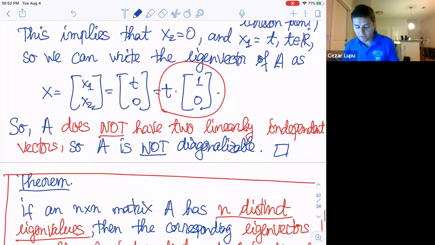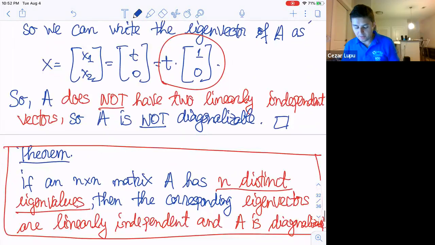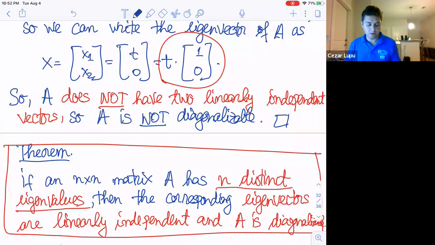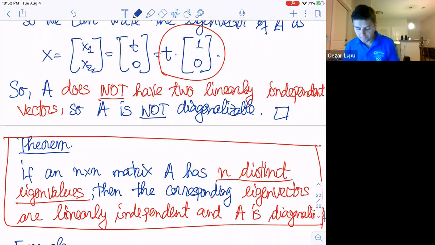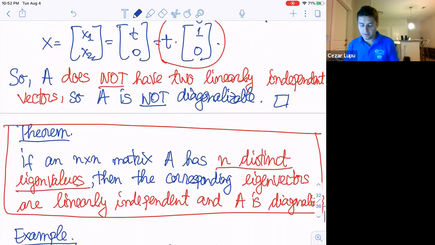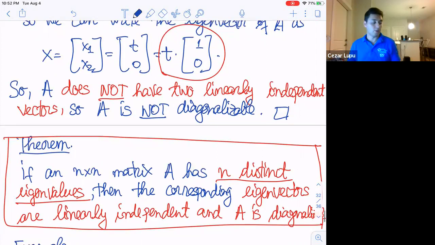And now we have the following theorem, which I think clears up everything at this point. This is a very, very important theorem, and we'll see some examples of how to use it. This theorem says the following: if an n by n matrix A has n distinct eigenvalues, then the corresponding eigenvectors are linearly independent and A is diagonalizable.